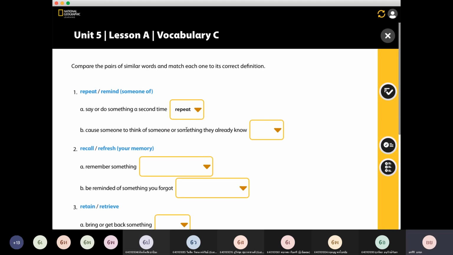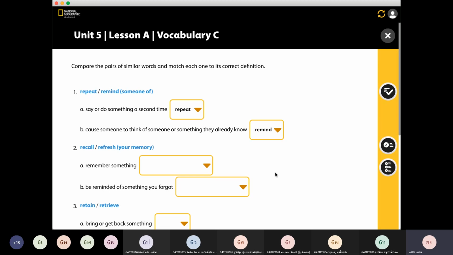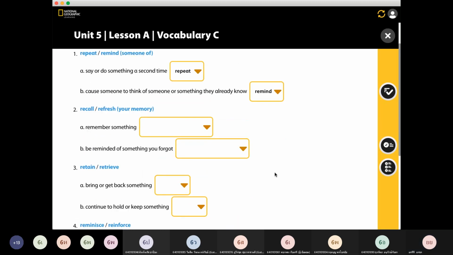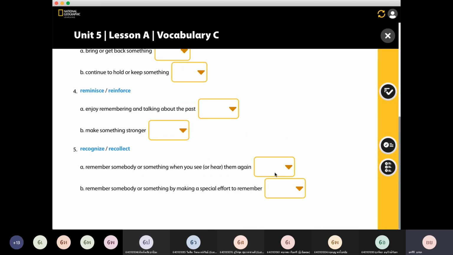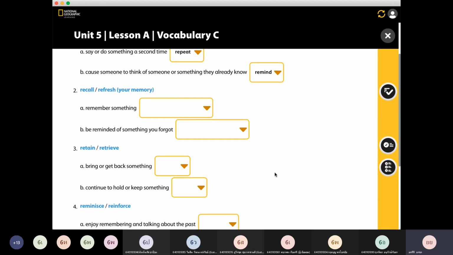Say or do something a second time. Repeat, okay? So when you get repeat, the second one is remind, okay? So we have 5 pairs.